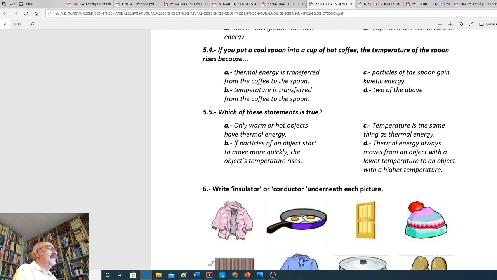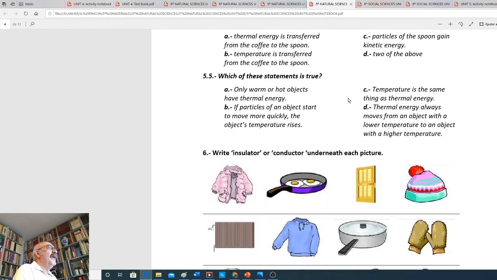Temperature is not transferred, only thermal energy is transferred. Particles of the spoon gain kinetic energy. Two of the above. The correct answer is A. It could be B as well, because finally the system reaches the same temperature. So you could say A and B, so D.